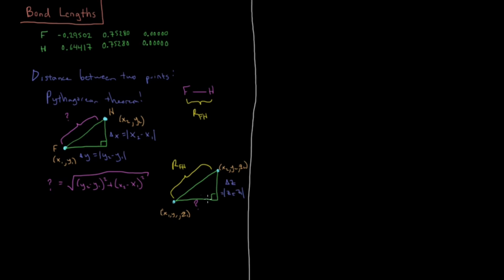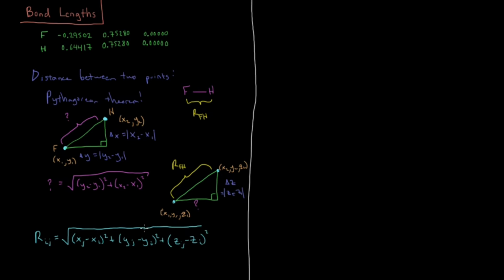So our total distance for two given points, rij, if we generalize these 2 and 1 to general atoms i and j, between atom i and j, is the square root of xj minus xi squared plus yj minus yi squared plus zj minus zi squared.